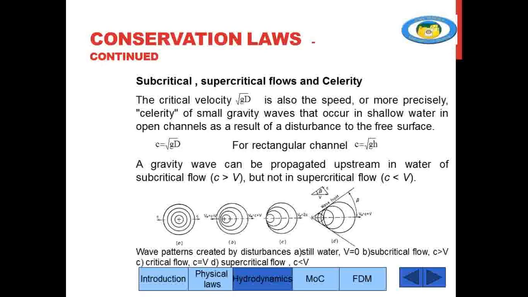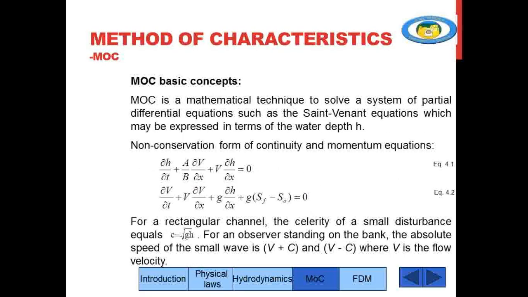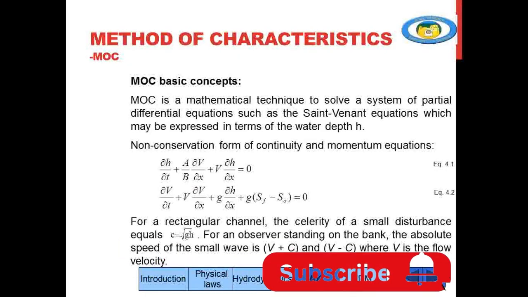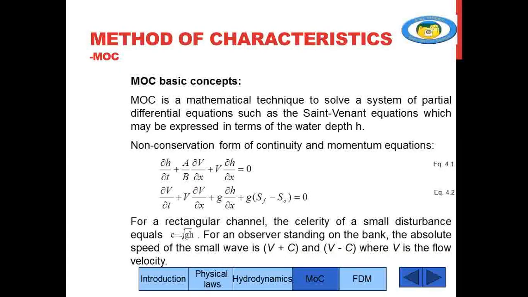Now, for an observer standing on the bank of a river, the absolute speed of the small wave would be aided by the flow of water. So the absolute speed of the wave in the downstream direction would be the velocity of flow plus the celerity. Whereas in the upstream direction, it would be against the flow direction, so it would be V minus celerity.